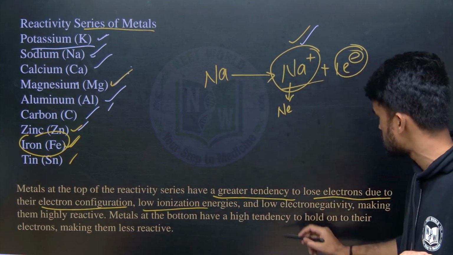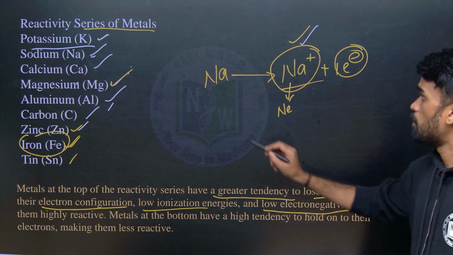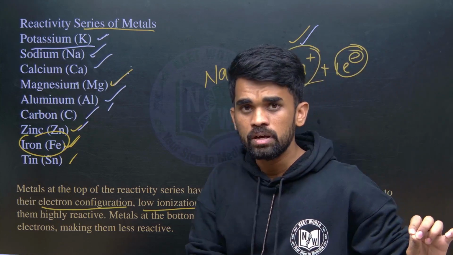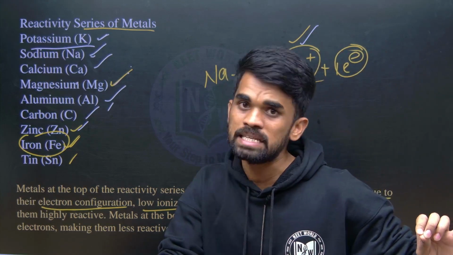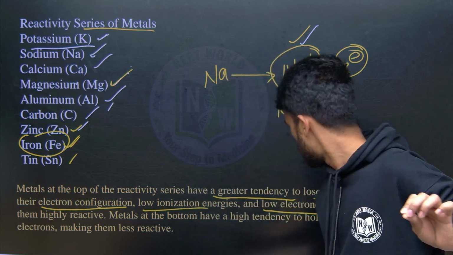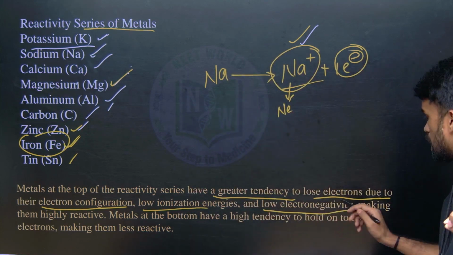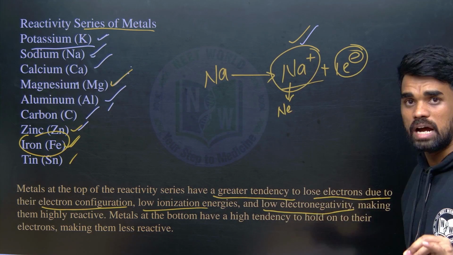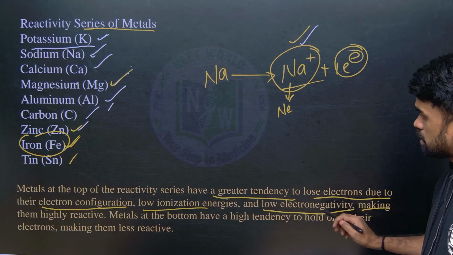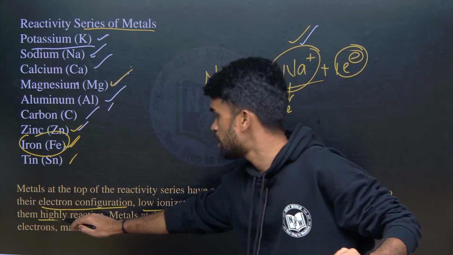And the next one is low electronegativity. Metals are more electropositive and less electronegative. Due to that reason also you can write. These are the things making them show their high reactivity.